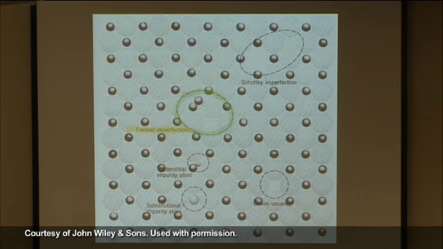So we're creating a vacancy right there, and this atom, which was originally sitting on a lattice site, is now displaced to an interstitial location, so that's an interstitial. So a Frenkel defect is a vacancy and an interstitial.